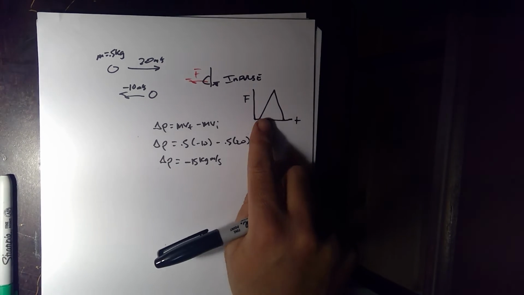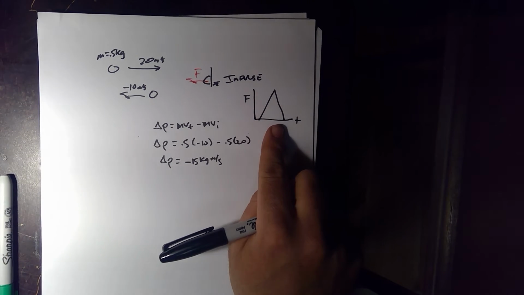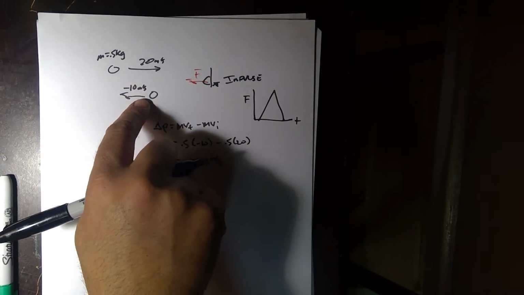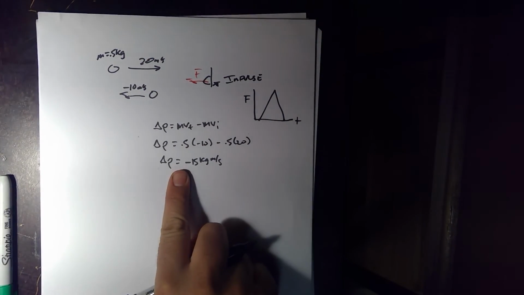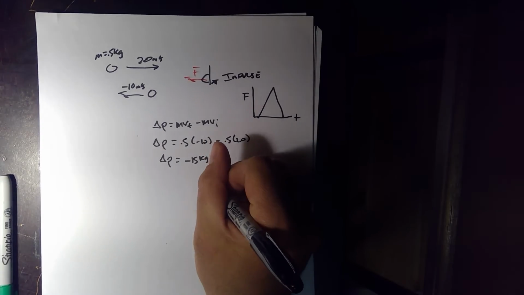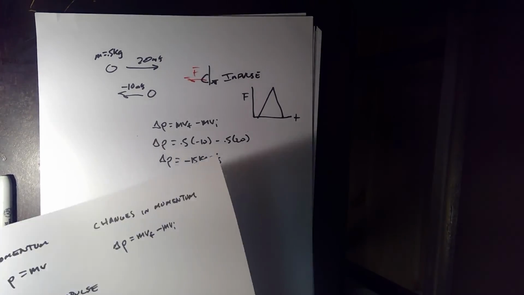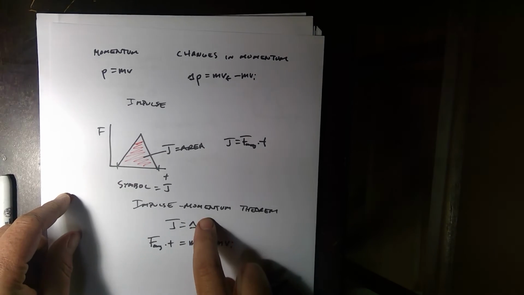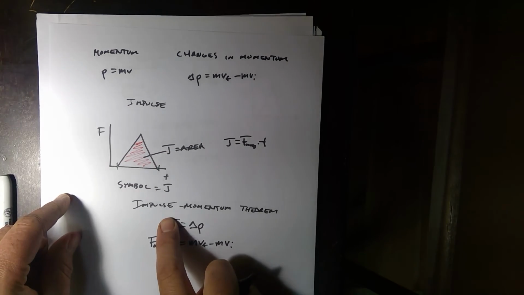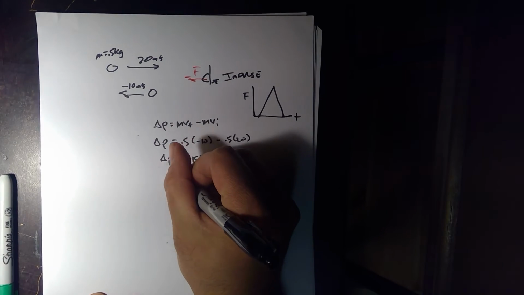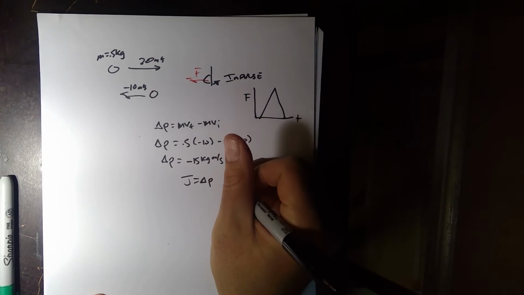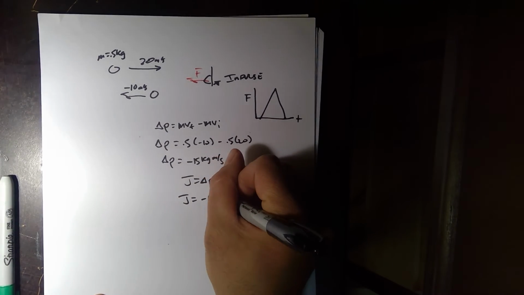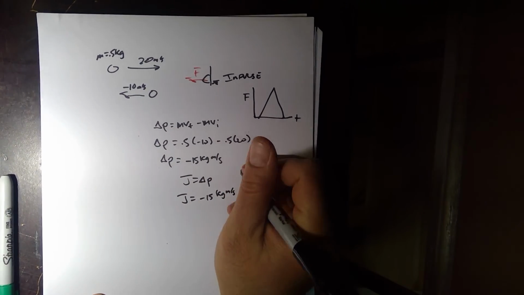I don't know t either. So how am I supposed to do that? Well, the fact that you have the initial speed and the final speed and the mass means you have the change in momentum. And that's why I said you can't lose sight of the fact that the impulse momentum theorem is initially written like this. We have delta P. Therefore, we also have J. Since J equals delta P, our impulse is also equal to negative 15 kilograms times meters per second.